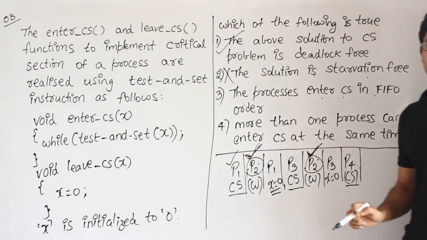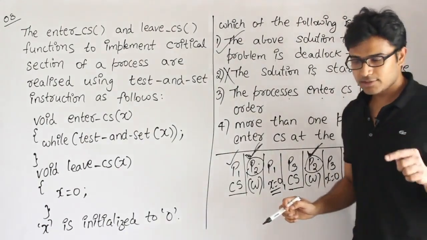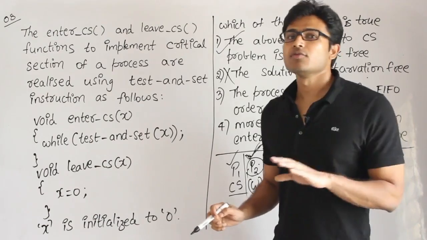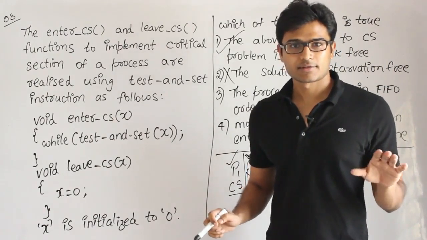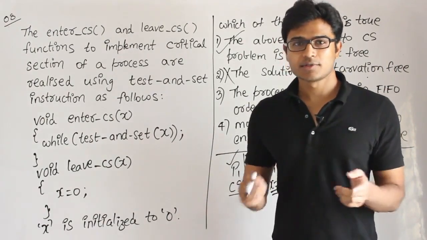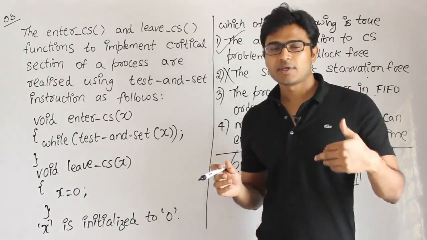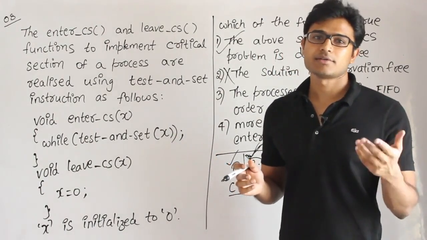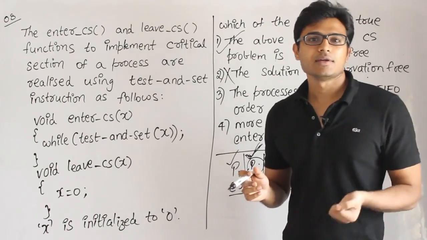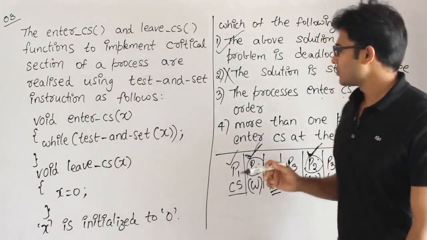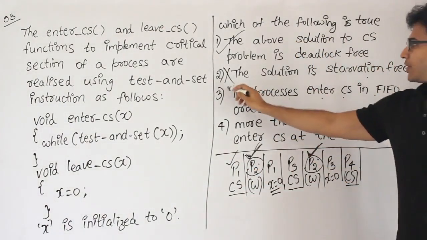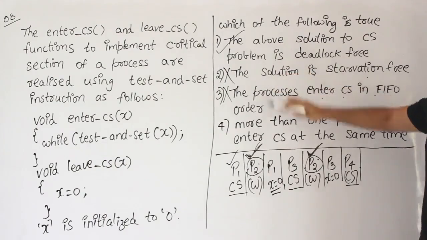Therefore, there is no guarantee that they will go in FIFO order. If FIFO order is guaranteed, there would be no starvation, isn't it? If P1, P2, P3, P4, in the order in which the processes come, enter the critical section in the same order, why will there be starvation at all? So FIFO order is definitely not possible. Points 2 and 3 are almost the same point.